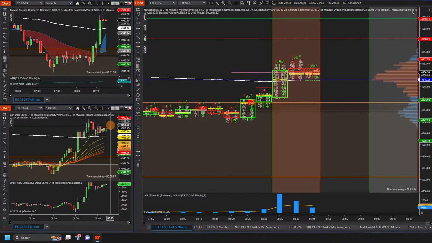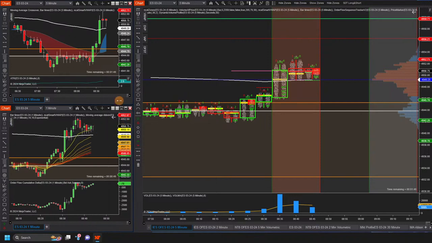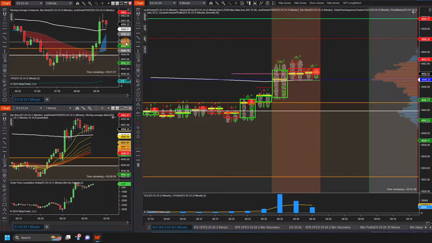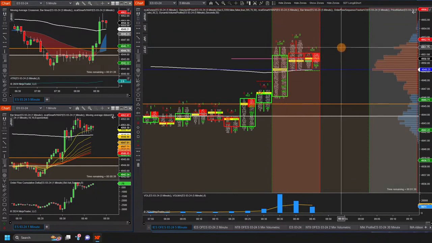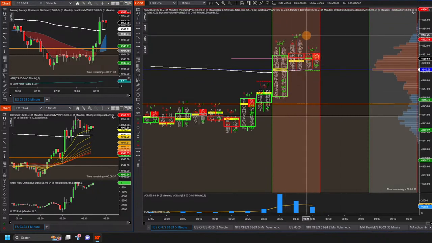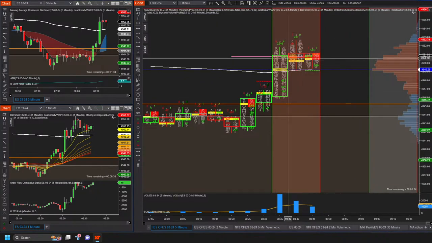Looks like we may be getting a little extended to the upside here in the short run. Sellers are coming in, getting absorbed so far.